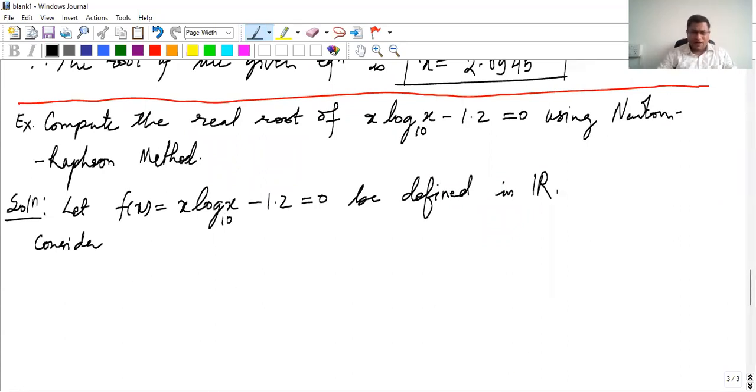So we know log of 1 basically was 0. So we start with 1, 2, and 3.